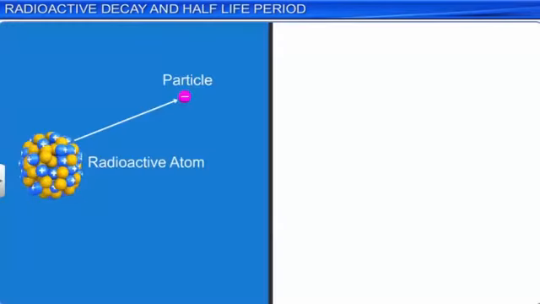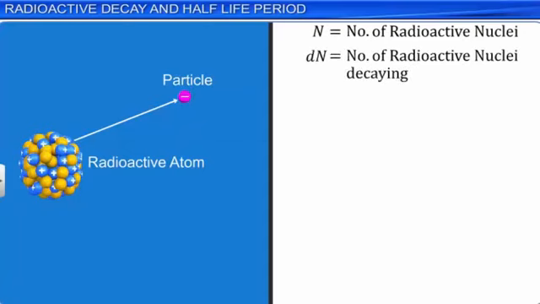Let us first derive a relation for the rate of radioactive decay. For this, let us consider a sample of a radioactive element containing n number of radioactive atoms at time t. The number of nuclei, dn, which will decay, will be proportional to n, since the more the n value, more will decay in the time interval dt.